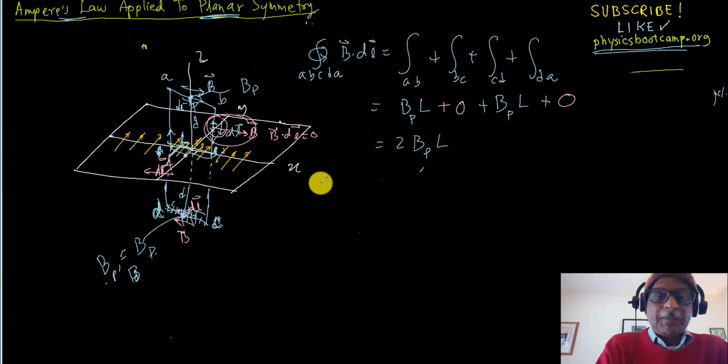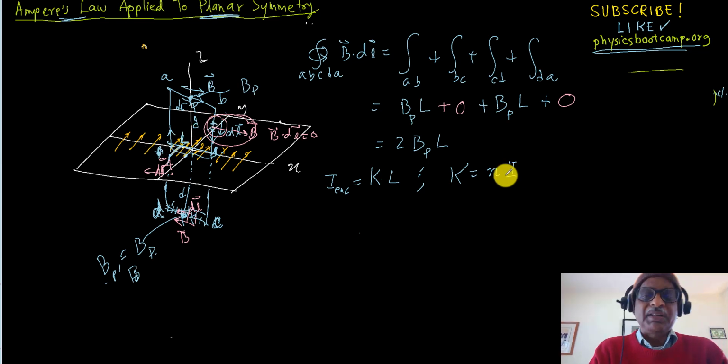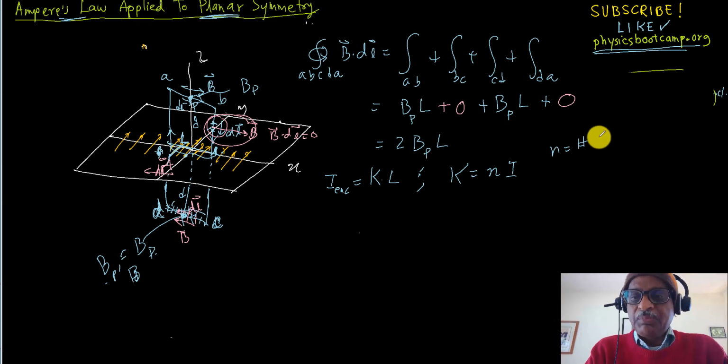So I enclosed is K times L, and K is just the number of wires going through times how much current each wire is carrying. So n equals the number of wires per unit length, and I is the current in each wire.